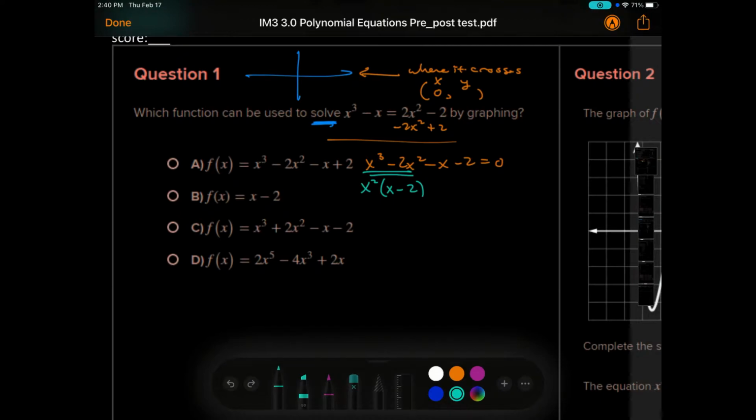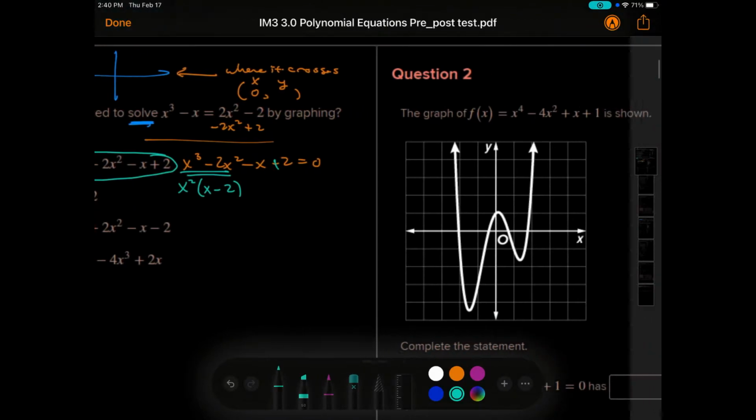Well, that actually solves the answer right there. If I move everything over, that should be a plus 2. That would leave us option A as our answer.